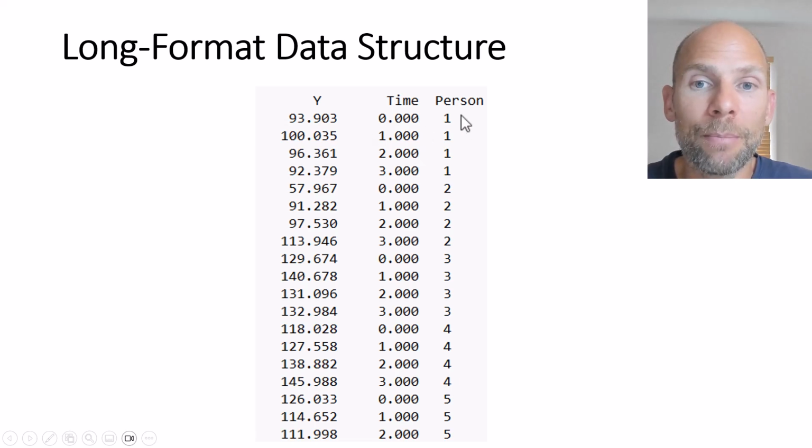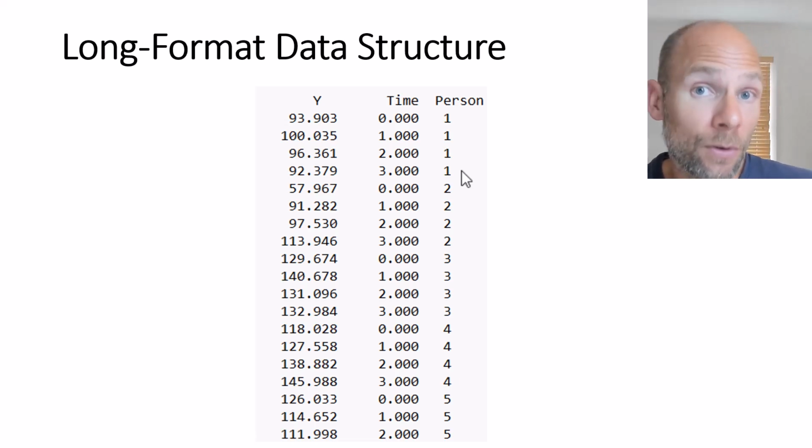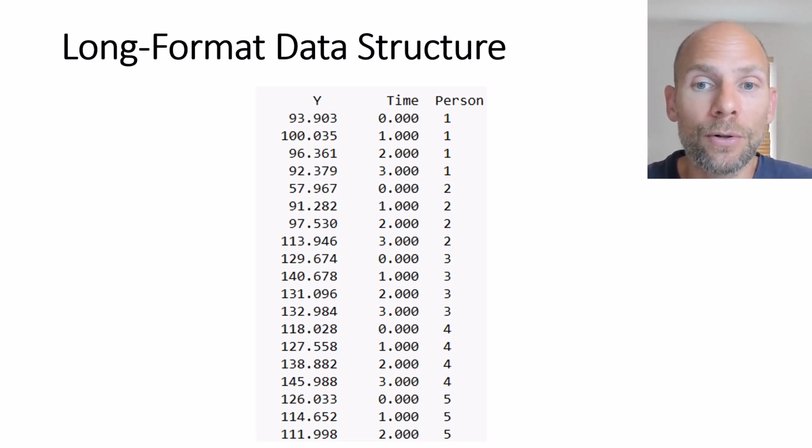And we also have a person ID variable that shows us to which person each of these scores belongs. You can see the first 4 rows here belong to the first person. So they reflect the 4 scores that were measured for person 1 at different measurement occasions.